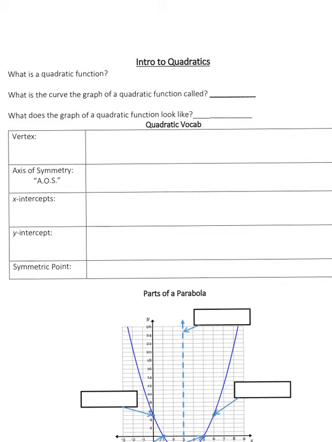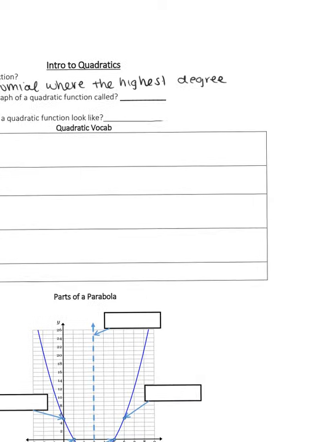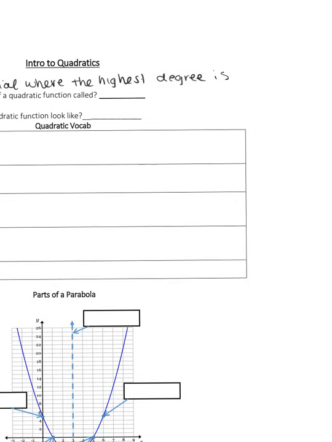So a quadratic function is a polynomial, okay, where the highest degree is 2.